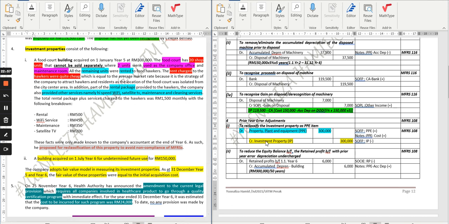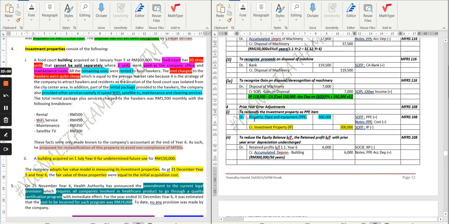So I'm going to show you here. You're going to debit the property, plant and equipment here. The property, plant and equipment that you will debit is the building, because now it functions as per the use of PPE. For how much?